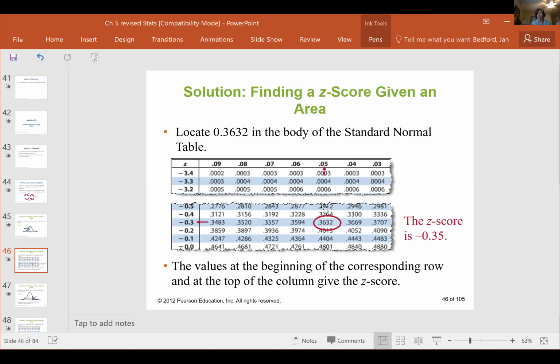And basically, we would just go with the answer that it's closest to. The one exception is if it's exactly in the middle. Then we would say negative 0.355, because that would be halfway between the 0.05 and the 0.06. Does that sort of make sense? Mhm. Yeah.